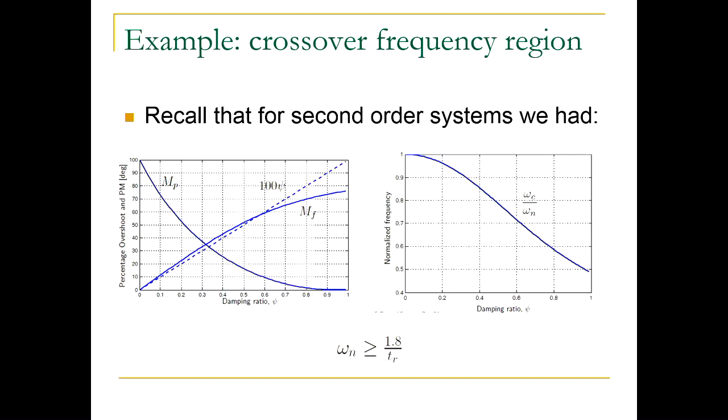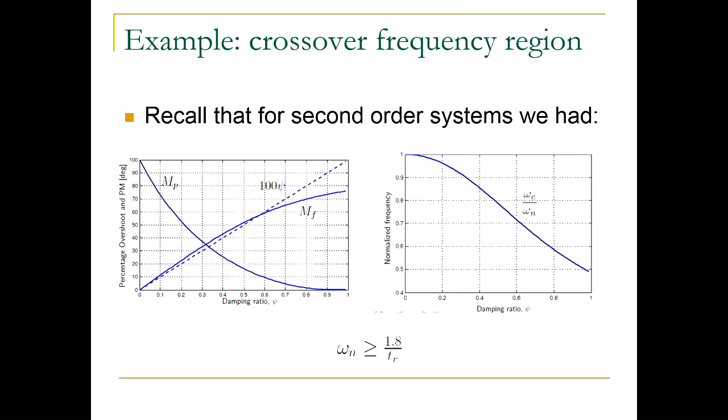Now, there is another diagram that says, if I fixed my damping ratio with phase margin and overshoot, and I gave you this constraint on rise time, there is another diagram that relates damping ratio with normalized frequency. What is this normalized frequency? What's plotted is crossover frequency divided by omega n.